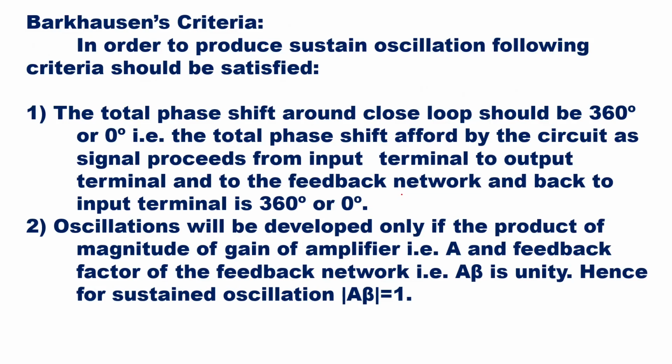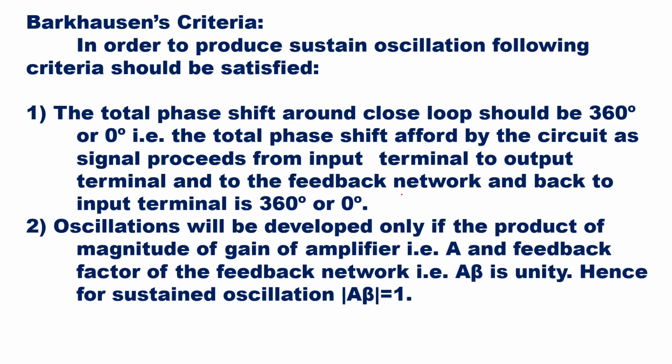So in the end, we can conclude the Barkhausen criteria. In order to produce sustained oscillations, the following criteria should be satisfied. Number one, the total phase shift around the closed loop should be 360 degrees or 0 degrees. That is, the total phase shift afforded by the circuit as the signal proceeds from the input terminal to the output terminal, to the feedback network and back to the input terminal, is 360 degrees or 0 degrees.